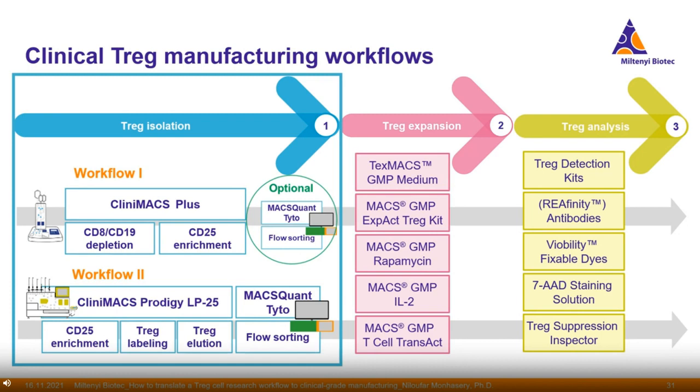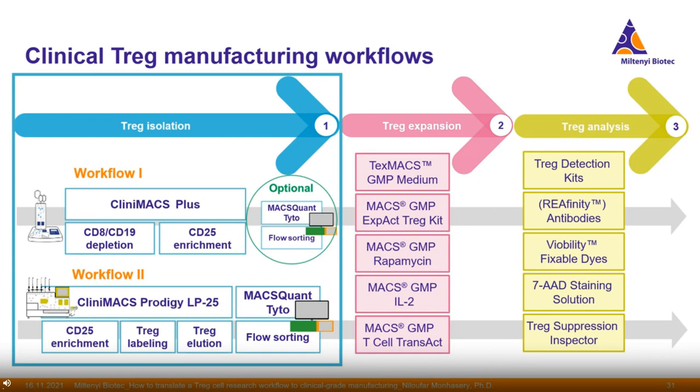In workflow 1, CliniMACS Plus is the main device with which you can deplete CD8 and CD19 cells and also enrich the CD25 cells. This step can be followed by cell sorting with a MACSQuant Tyto Cell Sorter for getting an even higher purity. In workflow 2, we have the CliniMACS Prodigy LP25 process, which consists of 3 steps: enrichment of CD25 cells, labeling the Tregs with fluorochromes, and eluting the Tregs in Tyto cell sorter buffers.